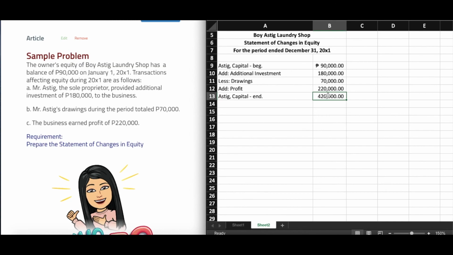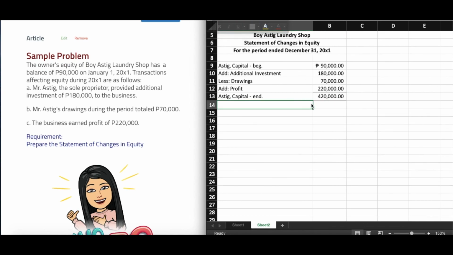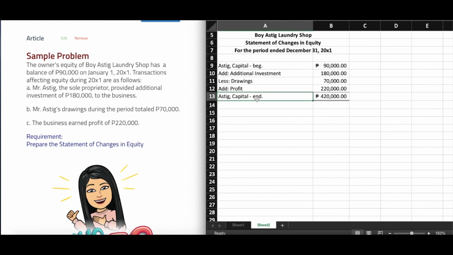We have 420,000 pesos. Okay, don't forget to double rule and put a peso sign. I'll just put it in bold. So this is how we make the statement of changes in equity.